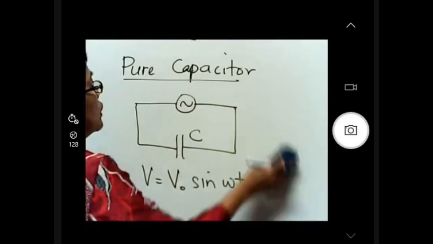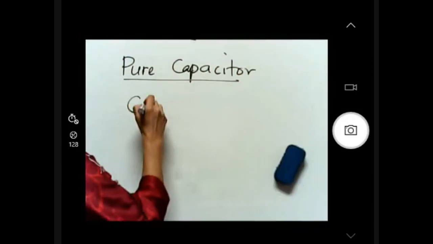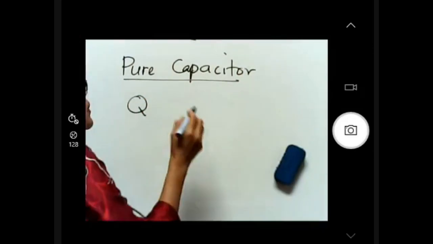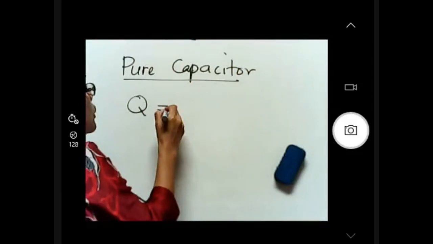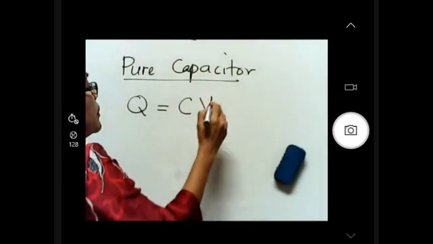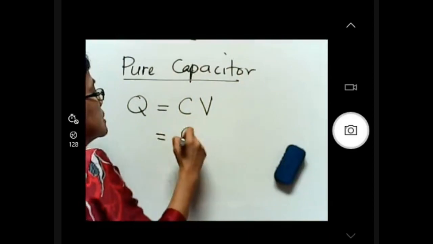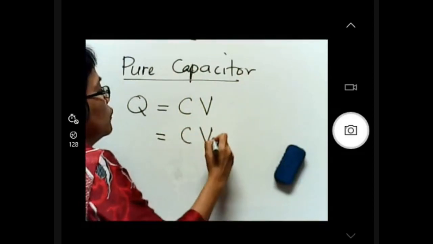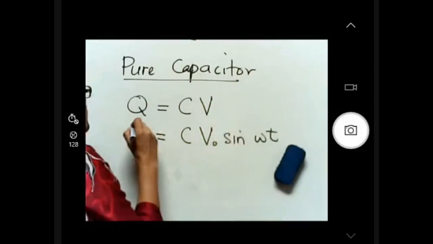Okay, so we know that the charge accumulated on the capacitor is related with the voltage across the capacitor, which is Q equals capacitance multiplied with instantaneous voltage. So Q equals C multiplied with V naught sine omega t.